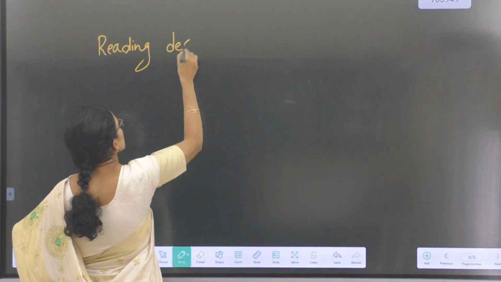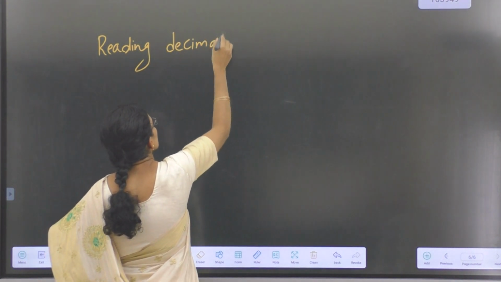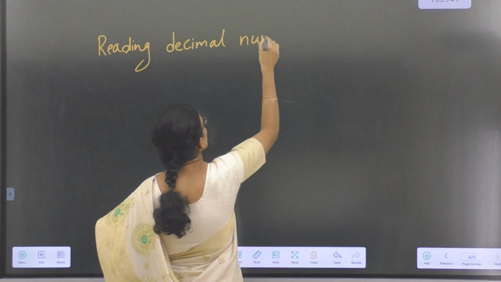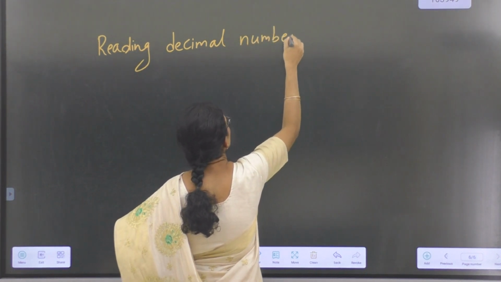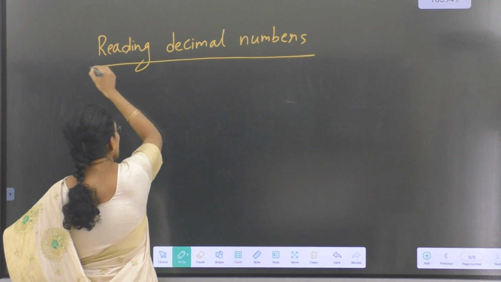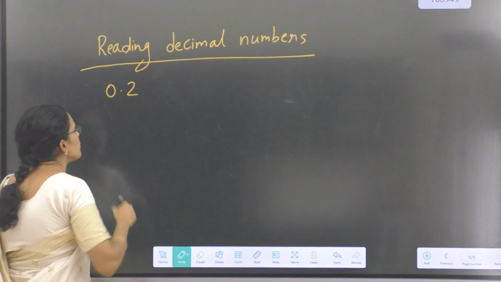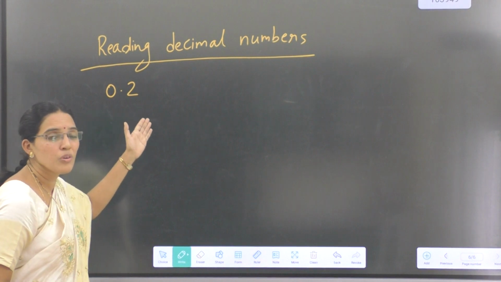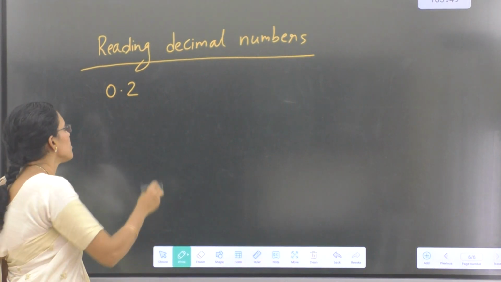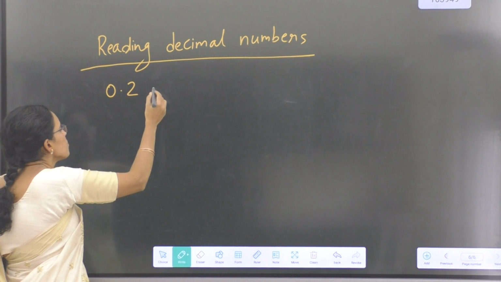Reading decimal numbers. How will you read the decimal numbers? Now you know already, for example, if it is 0.2, we can read this as 2 is there in tenths place.